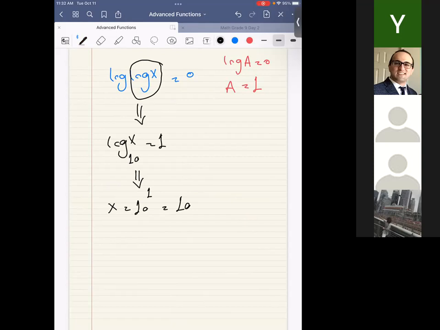And that makes sense because log of log 10 is log of 1, since log 10 is 1, and log 1 is 0. That was just a quick check.